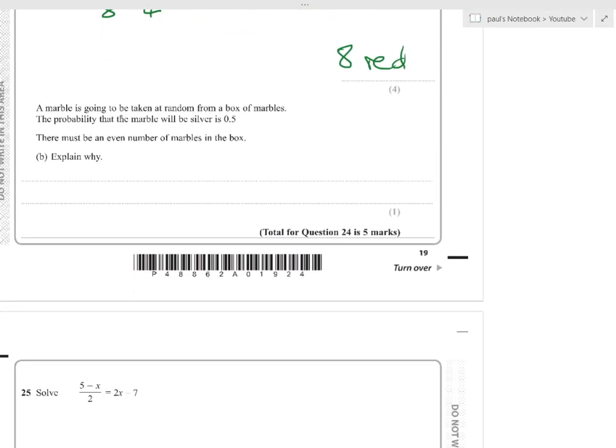Oh, a marble is going to be taken at random from a box of marbles. The probability that the marble will be silver is 0.5. There must be an even number of marbles in the box.